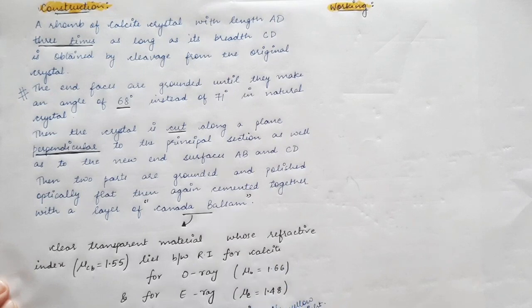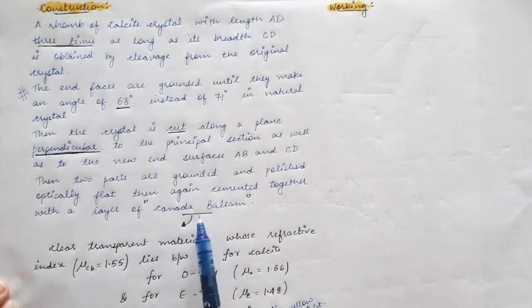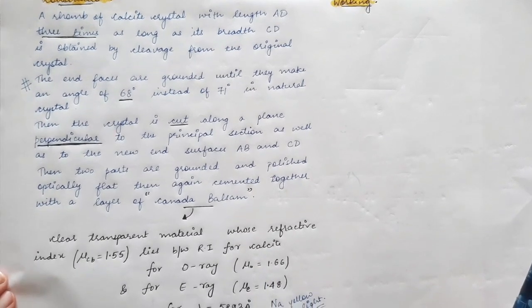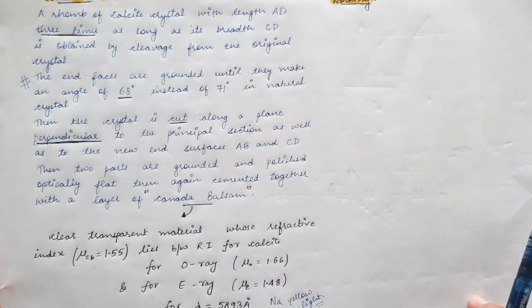This is for lambda equal to 5893 Angstrom, which is sodium yellow light. The Canada balsam has a refractive index that lies between the refractive indices of these two rays, and only because of this reason total internal reflection will occur. The working of the Nicol prism will be discussed in the next lecture.